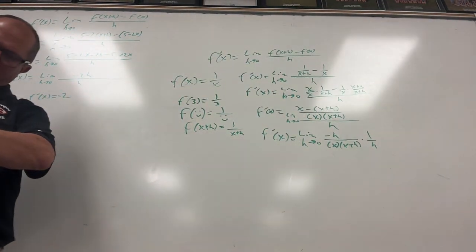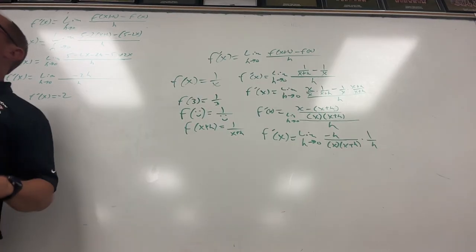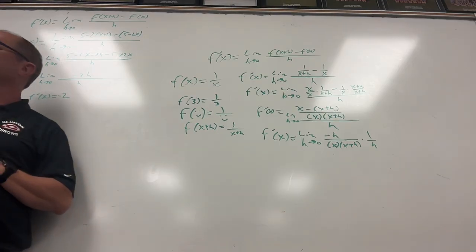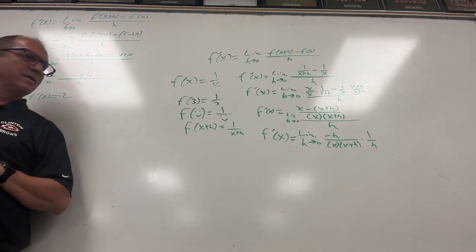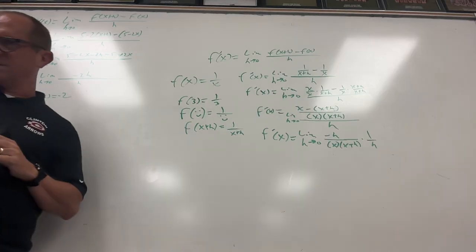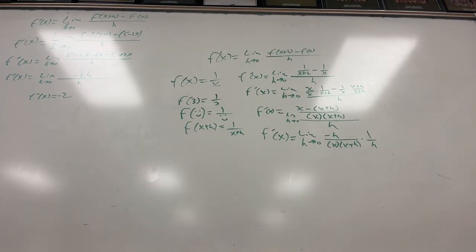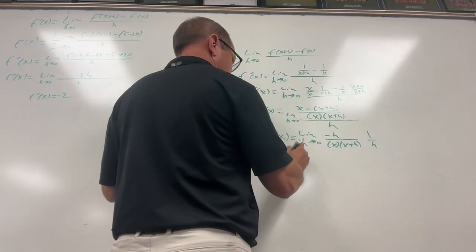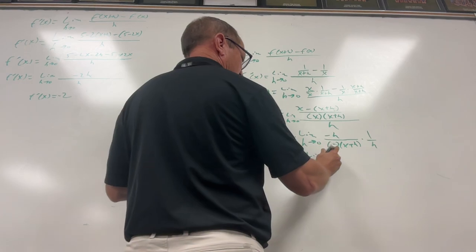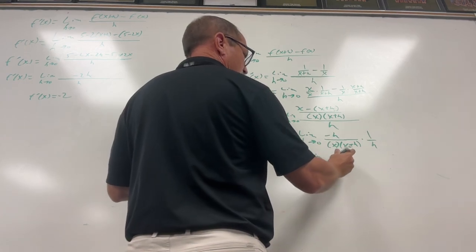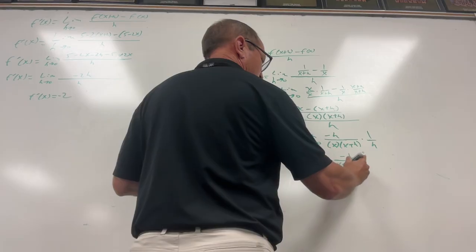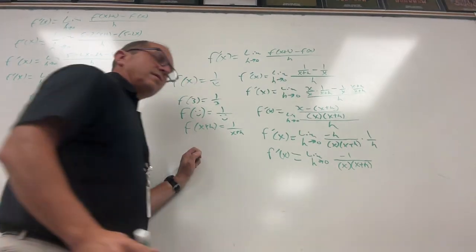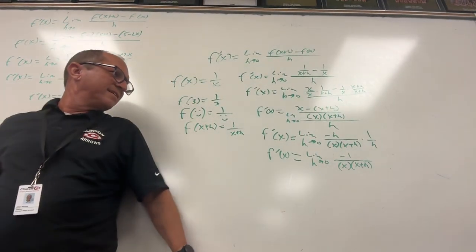So f prime of x equals the limit as h approaches 0 of negative 1 over x times x plus h. Do we need to do the bottom, like multiply it?